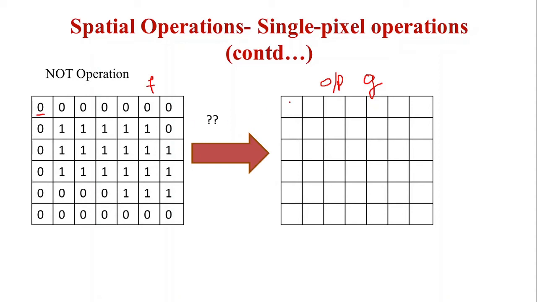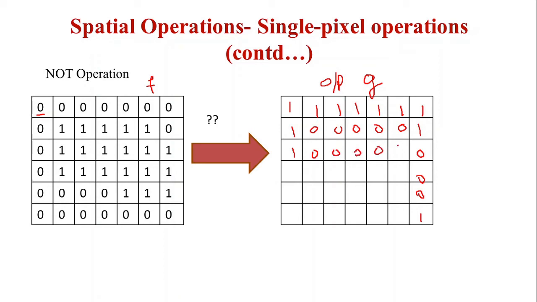Respectively, I am doing the NOT operation, so we are going to have 1. Then just keep on filling in the values; we just have to toggle 0 to 1 and 1 to 0, because the input image is purely binary. I hope you can complete this and fill out the image to obtain the output image, the g image.